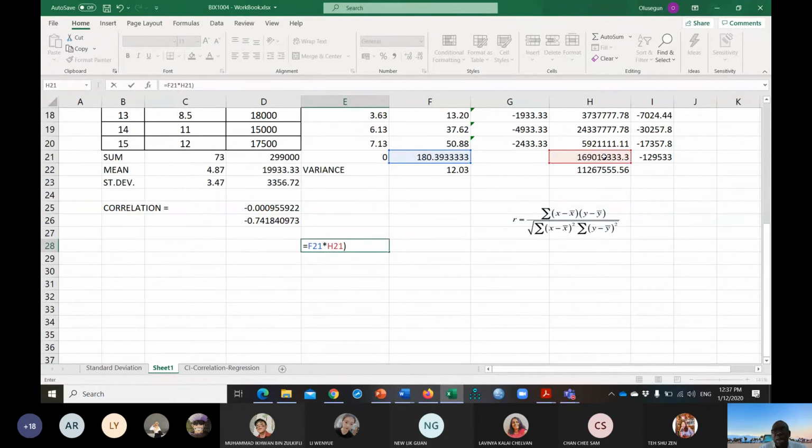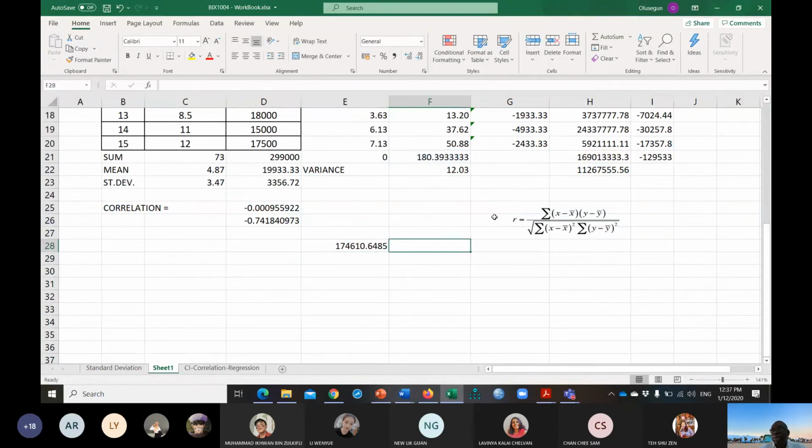Okay. Raised to power 0.5. Okay, then this divided by this. Okay.